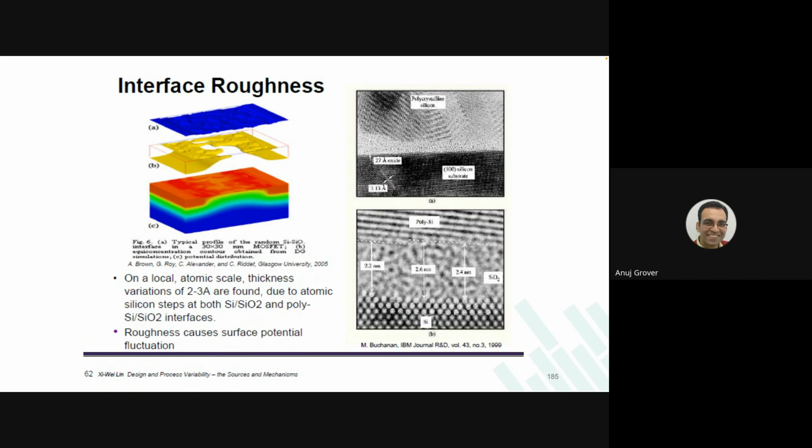Interface, as you see, somewhere 2.2 nanometers, somewhere 2.4 nanometers, 2.6 nanometers in this example. Interface is rough. Average we have given you. But in reality, if a thick gate oxide happens closer to source versus closer to drain, the response of my gate could be different.